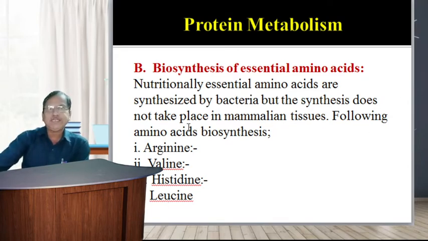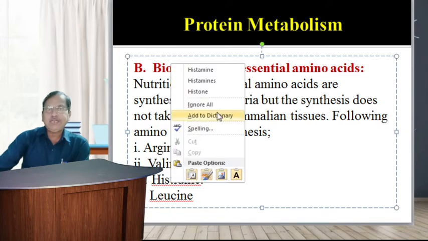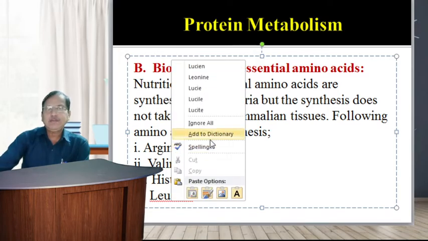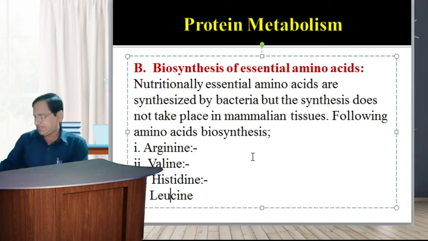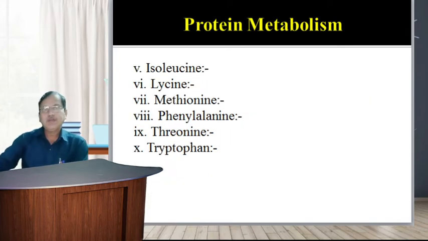Nutritionally essential amino acids are synthesized by bacteria, but the synthesis does not take place in mammalian tissue. The following amino acids are synthesized: arginine, valine, histidine, leucine, isoleucine, lysine, methionine, phenylalanine, threonine, and tryptophan.